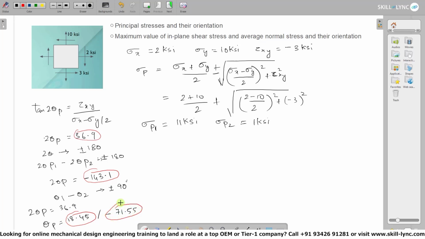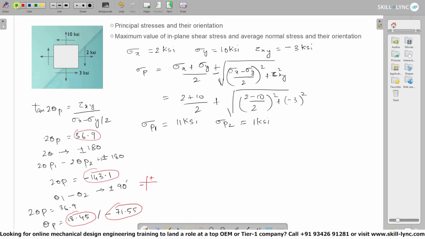This is because we know that the normal stress should be falling as one negative and one positive value, because we have a quadrant in which this is positive and this is negative. Now with that, to figure out sigma P1 and P2, we'll again substitute the theta value in the normal stress equation that we saw earlier.